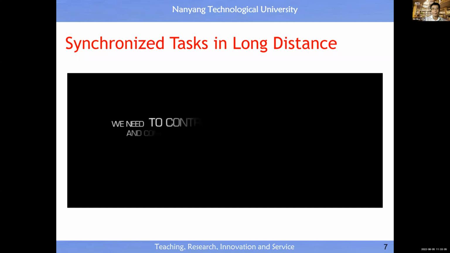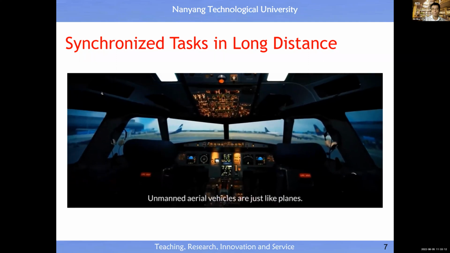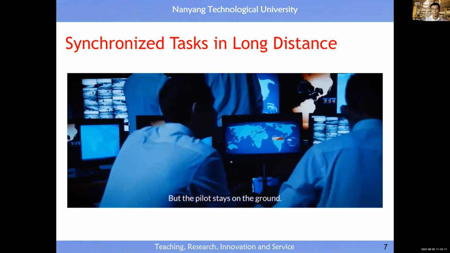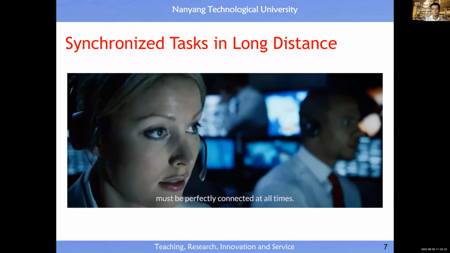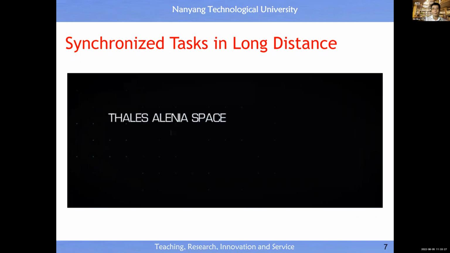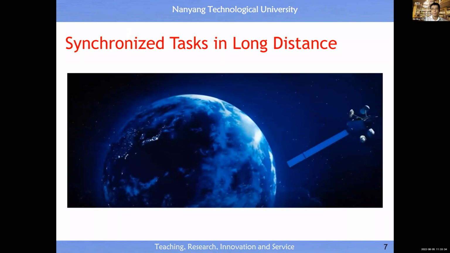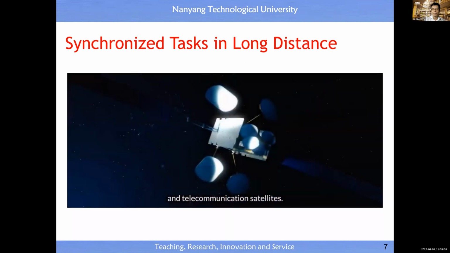We need to control and command the UAV in a secured way. Unmanned aerial vehicles are just like planes, but the pilot stays on the ground. The pilot and UAV must be perfectly connected at all times. Thales Alenia Space has a solution, based on space technologies and telecommunication satellites.